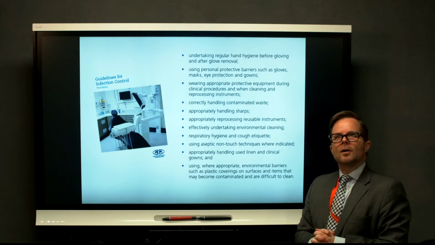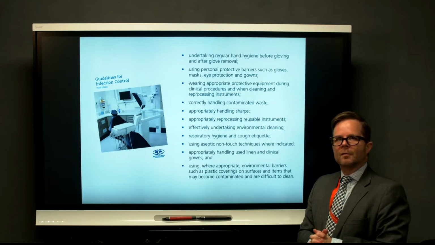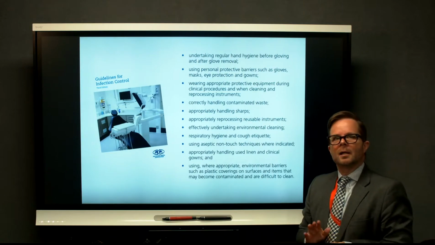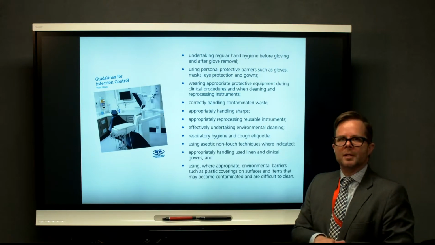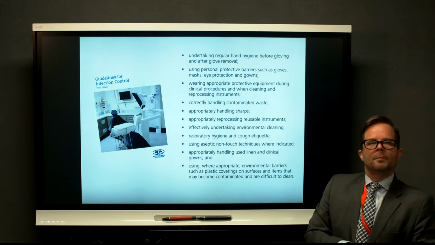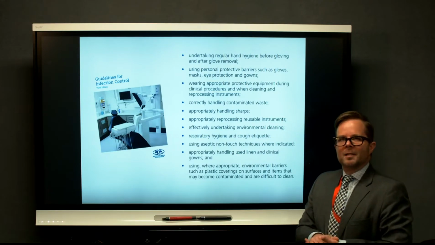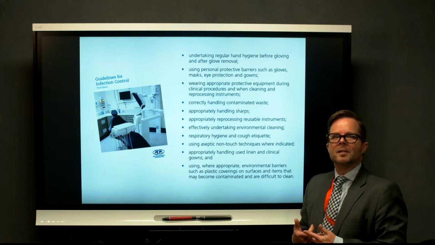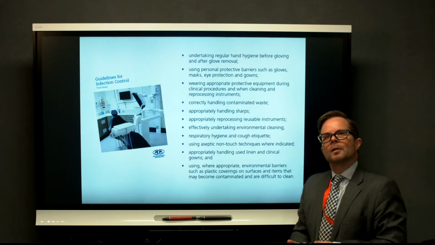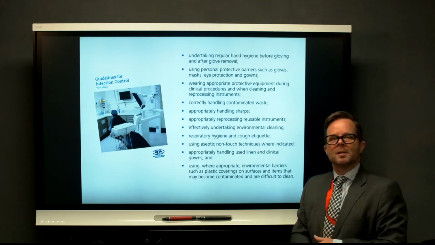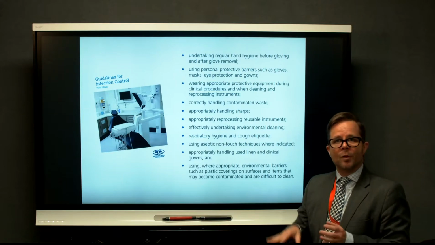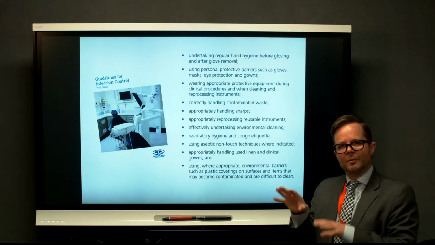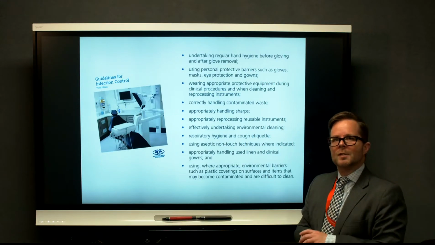Undertaking hand hygiene before gloving and after glove removal, using protective personal barriers, so the PPE: gloves, mask, eye protection and gowns, wearing appropriate protective equipment during the cleaning process, appropriately handling waste, sharps, and appropriately processing of reusable instruments, so sterilising and disinfecting as appropriate to the level of contamination, so that's critical versus non-critical versus semi-critical.